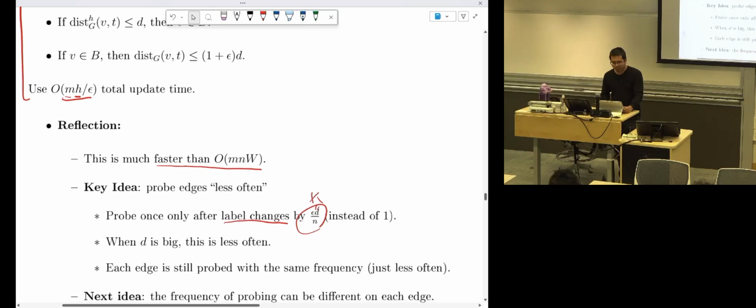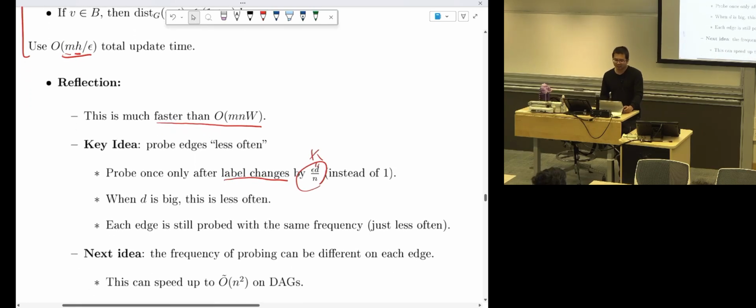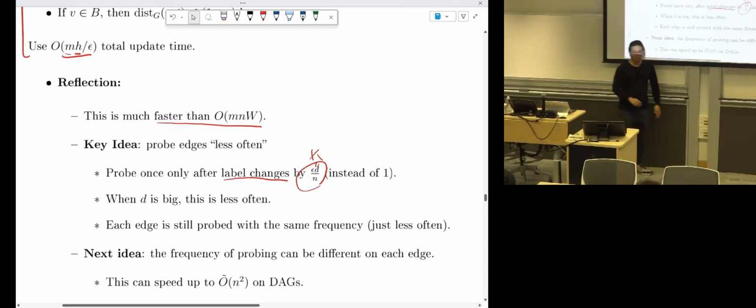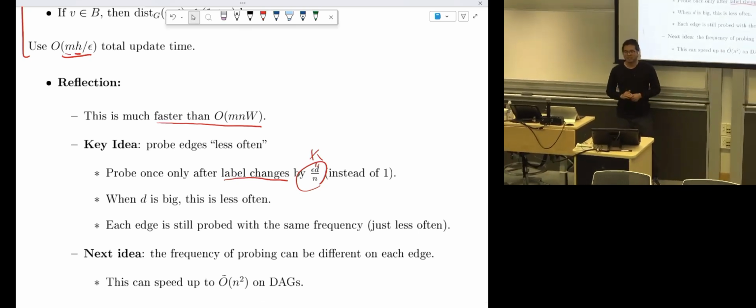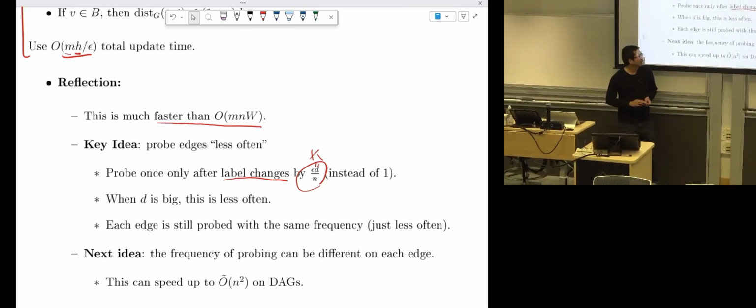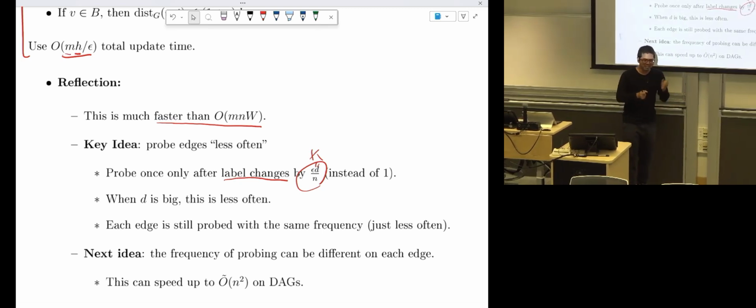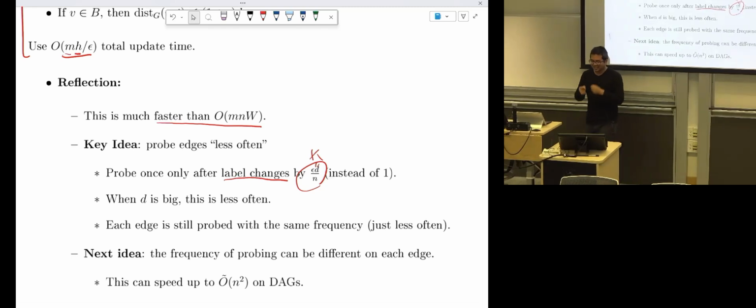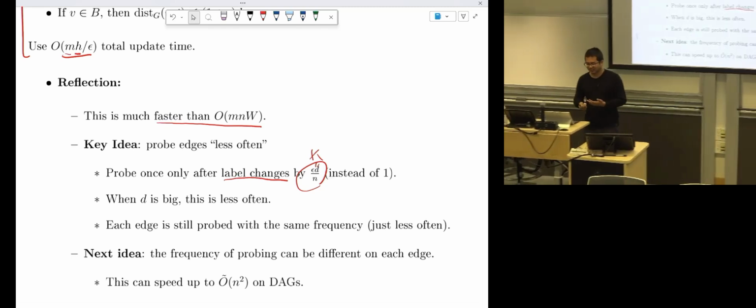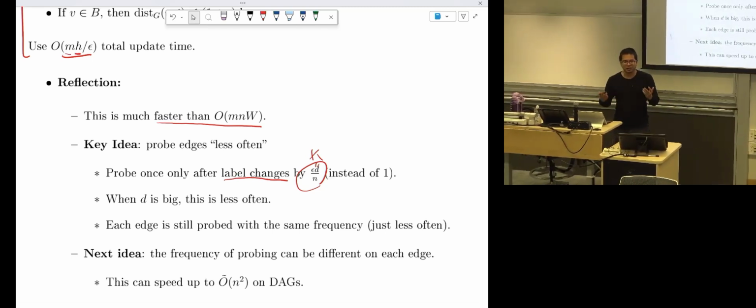The next idea that will make everything even faster is that we don't need to probe every edge with the same frequency. Basically, try to probe each edge as infrequently as possible. The frequency can be different.